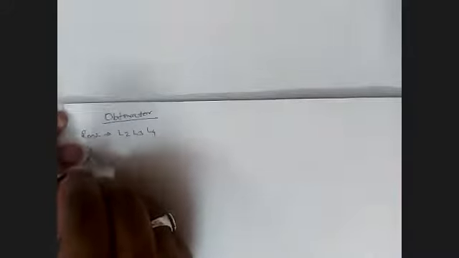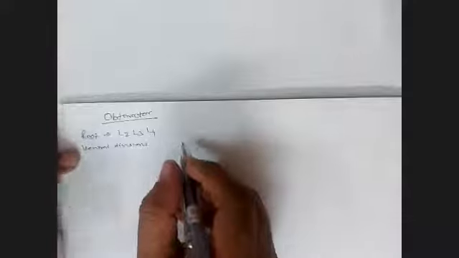Now let us see the obturator nerve, its course and its relations. Whenever we write any nerve, we write the root value L2, L3, L4. This is not sufficient, so we say ventral divisions.